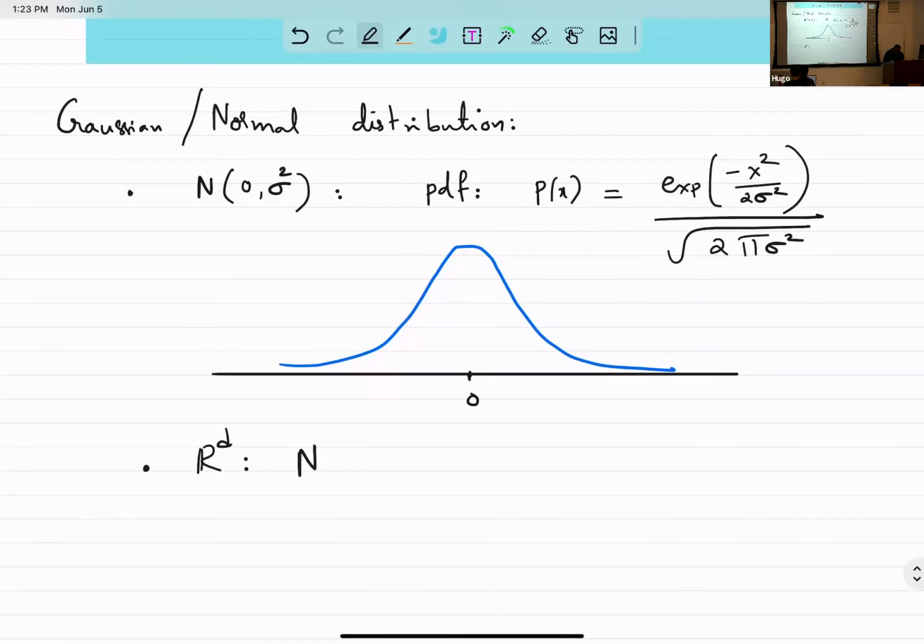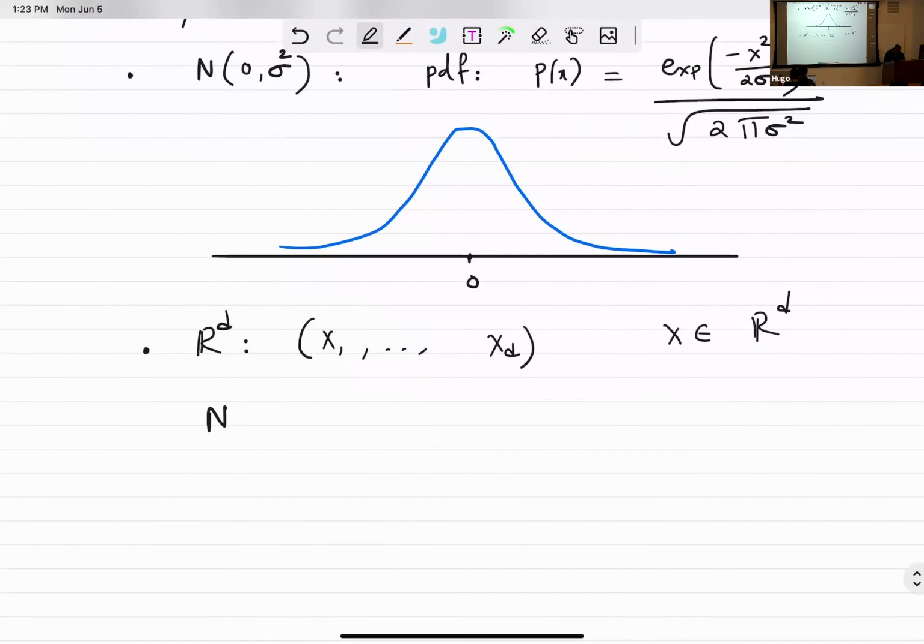So here, what does it mean? I have a random variable x over R^d with d coordinates. And if it's IID Gaussian, what would it mean? It would mean that each coordinate is independent and has a normal distribution.